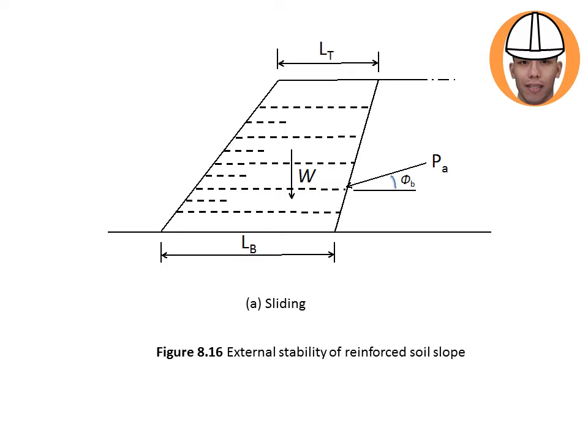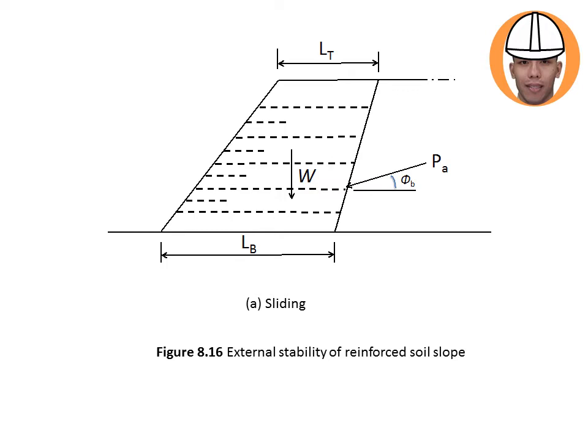This force PA, which represents the active soil pressure, will try to push this backfill, which is represented by this trapezoid, and these broken lines here are the reinforcement, and this W represents the weight of the entire backfill.